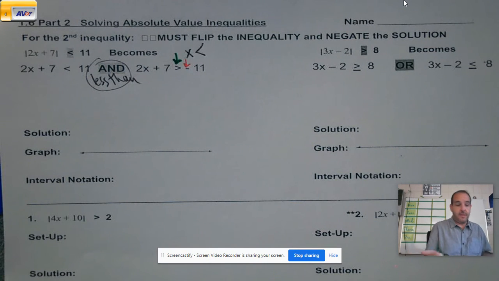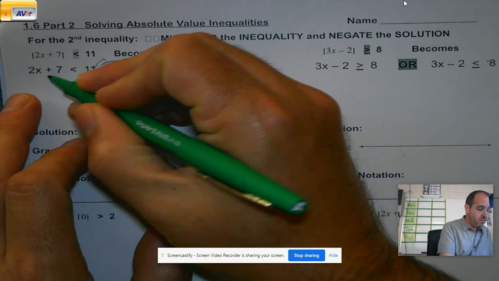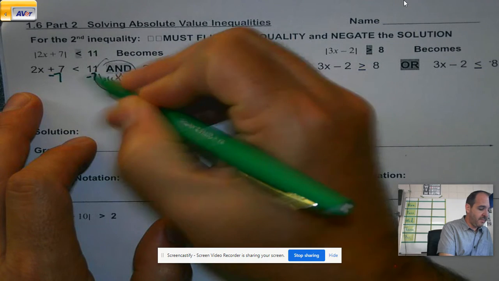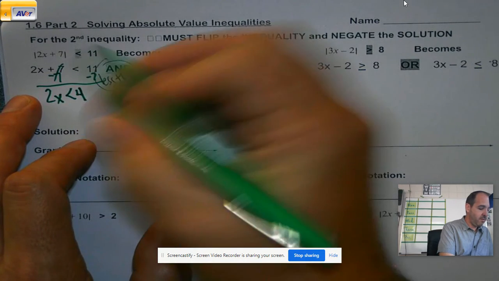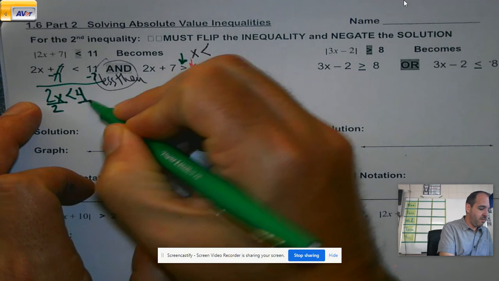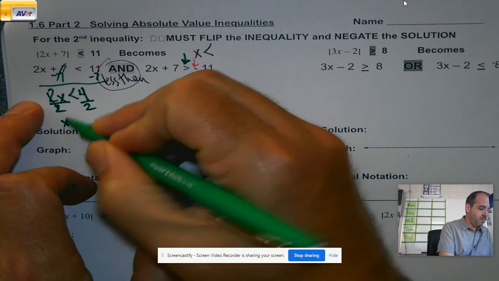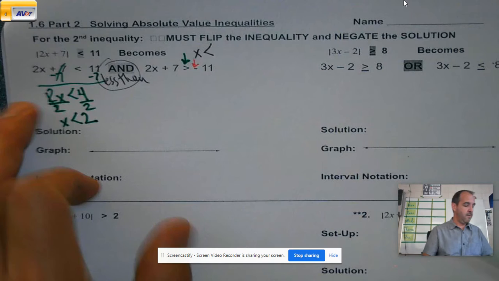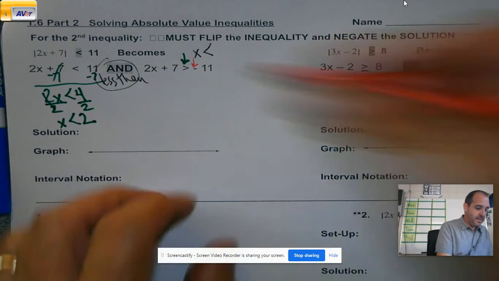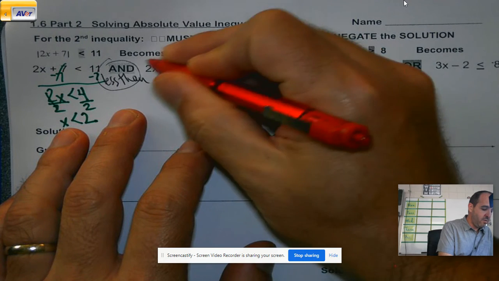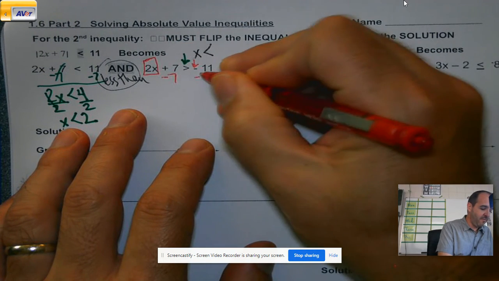We're solving these. So, go ahead and get my 7 out of there. Okay, get that one done. And then we'll do the same thing on our second one over here. Again, get that x by itself.